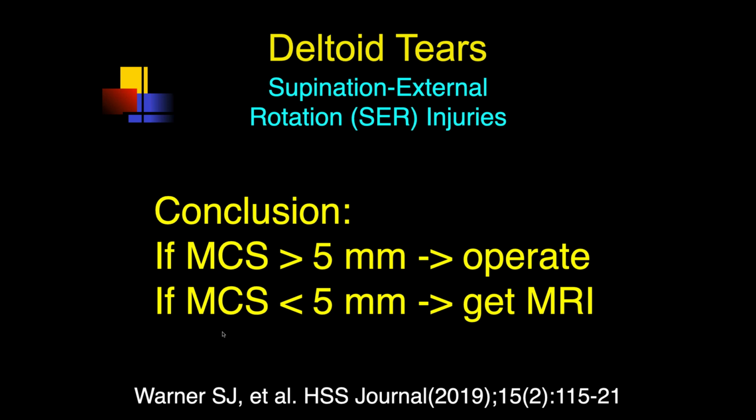That's the point. Yeah, and then if the medial clear space is less than 5 millimeters, they recommend getting an MR to evaluate the different structures and then decide. Well, what I would do is I'd try to reduce the subluxation, and if I couldn't do that, then I would go for MRI. Okay, all right.